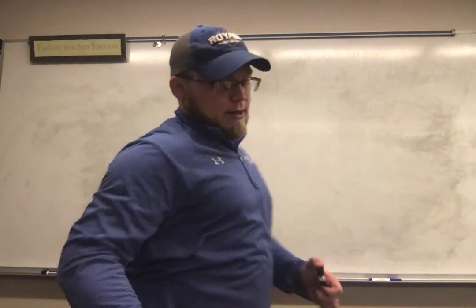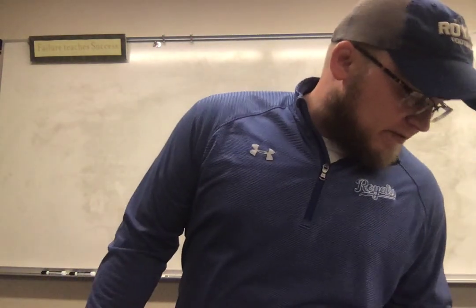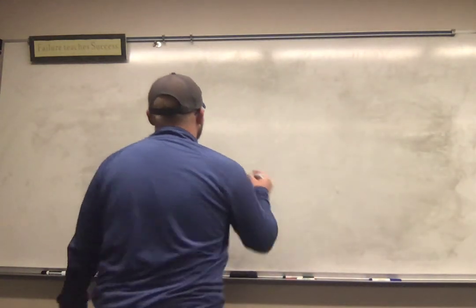Okay, and it says, find the area of this figure. The corners that look square are square. The dimensions are in millimeters. So when I look at that, I'll draw it on the board here.